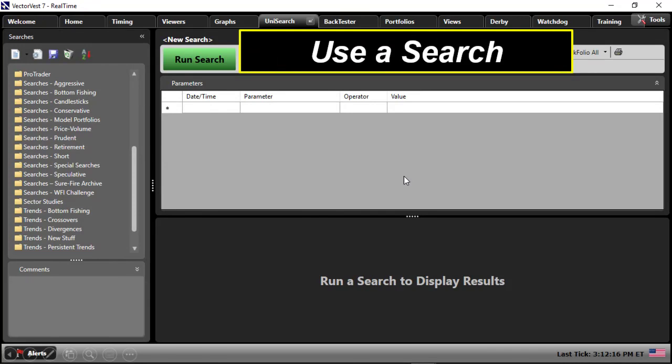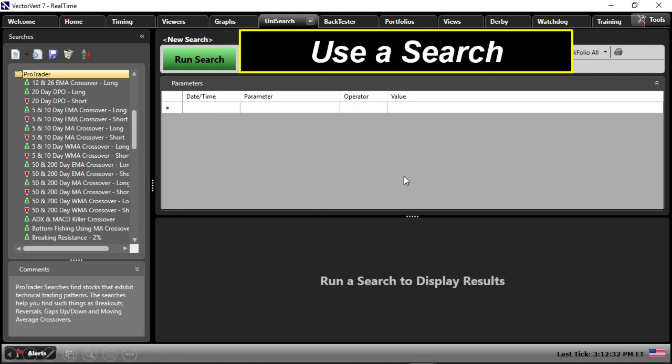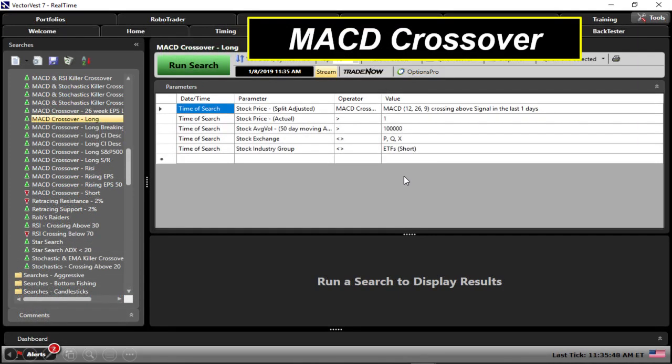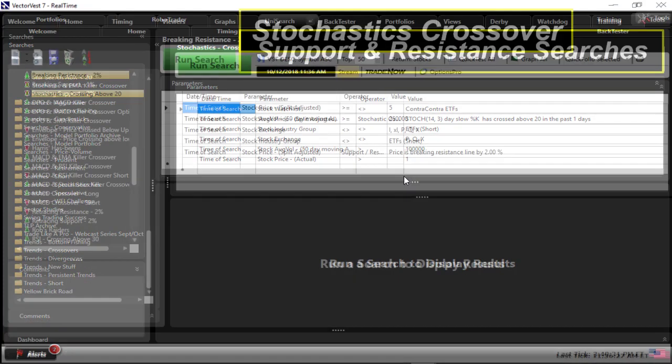And within the VectorVest real-time program, we have a tool called Pro Trader. It's included with the VectorVest real-time program. Pro Trader allows you to search for, scan for things like moving average crossovers, MACD, support and resistance, stochastics.